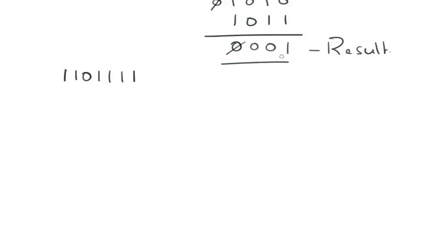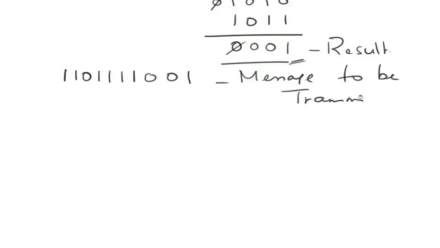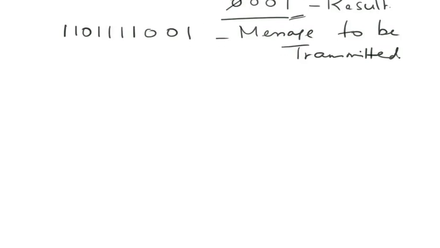Then add this remainder to this message. So here we get 0 0 1. So this is the message which is to be transmitted. So this is the procedure at the transmitting end. This is the message which will be transmitted to the receiver.